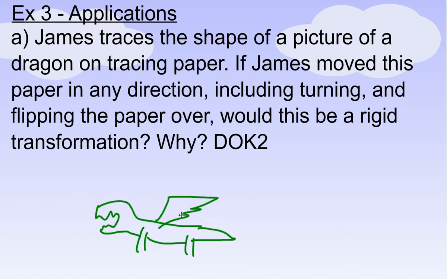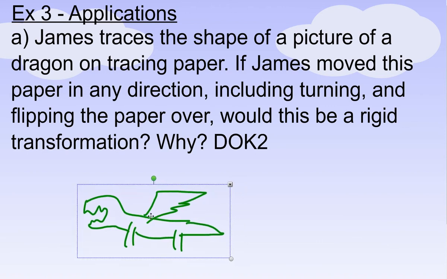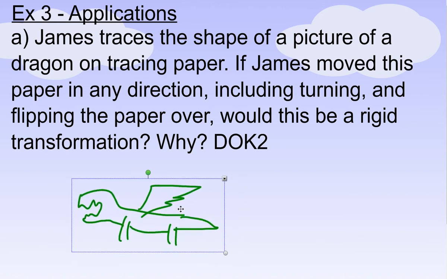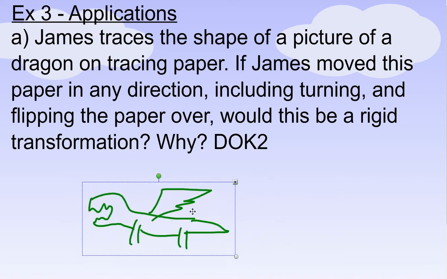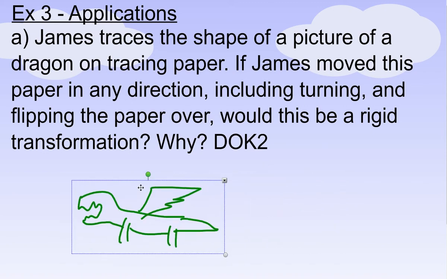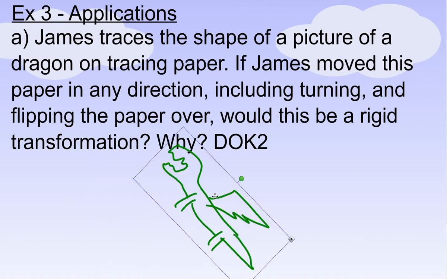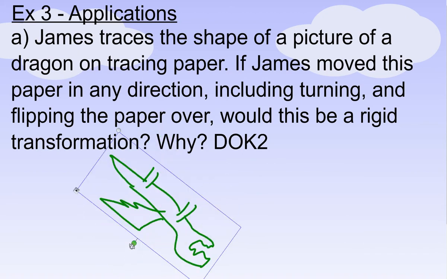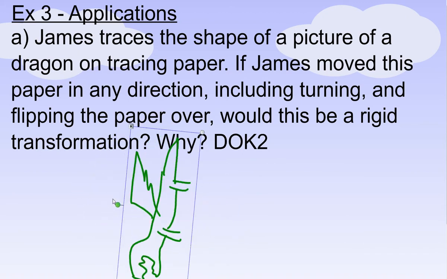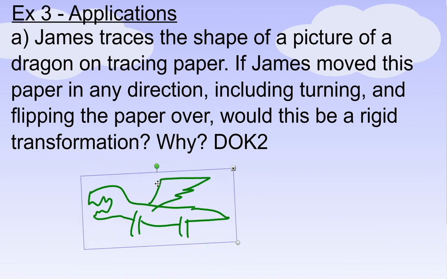So there's my shape. It says move the paper in any direction, so imagine this is my paper and I move it this way. Yes, that's still a rigid transformation because the shape didn't change. If I rotate the paper, it's still staying the same. The angles aren't changing. The length of this wing's not changing, so that's still rigid. What about flipping it over?